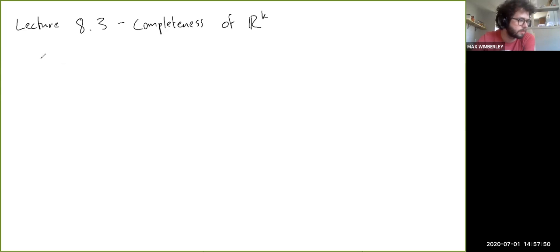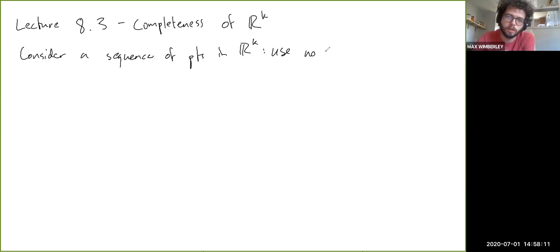In this context, we have a sequence of points in R^k. It is valid to write x_n, which will just be the nth point in the sequence.